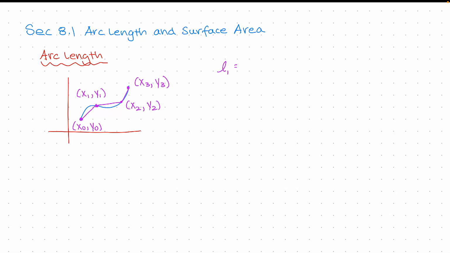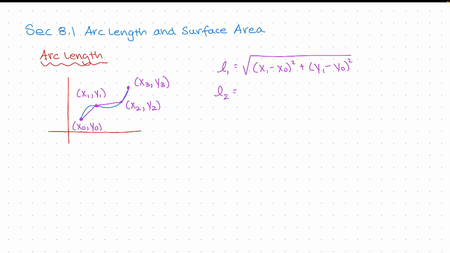So if I want to find the length of L1, that first line segment, it's just using the distance formula. And remember, the formula is the square root of, in this case, x1 minus x0 squared plus y1 minus y0 squared. And then L2, similarly, L3, similarly.